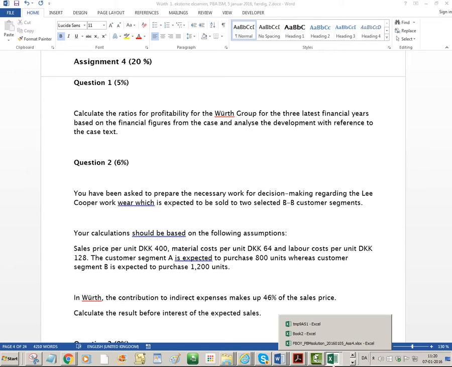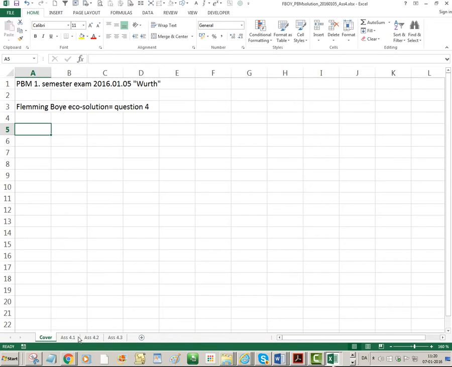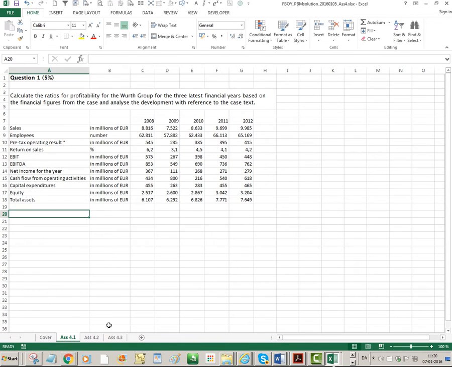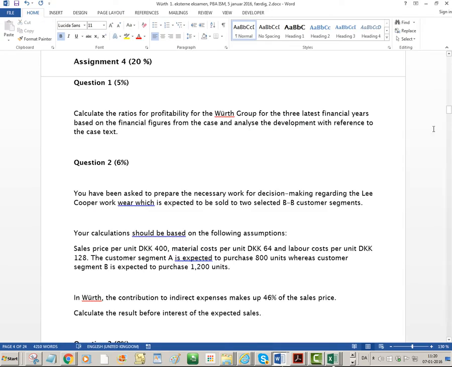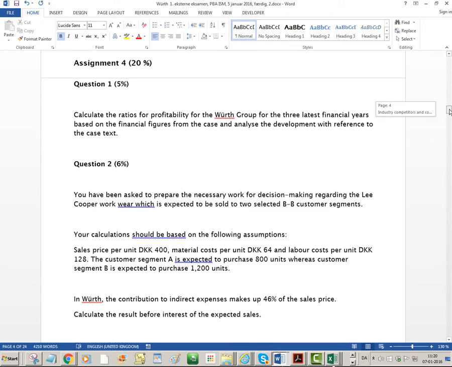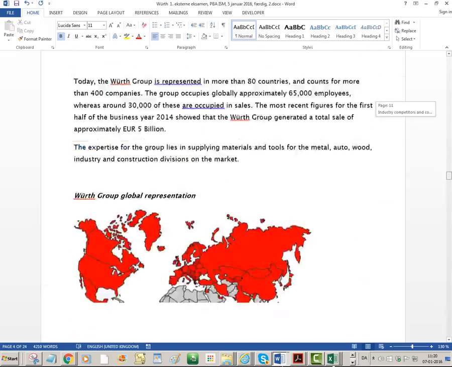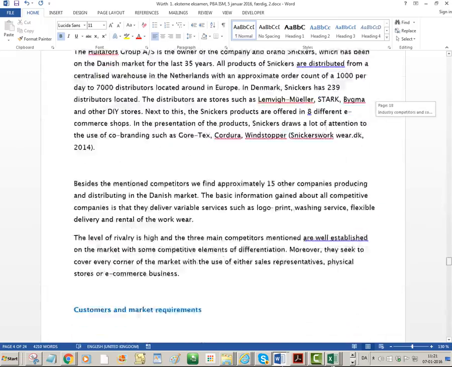So let me just switch to another screen here. Okay, this can be a little confusing. I go back to the assignment text. If you look towards the bottom, you will find interesting information.